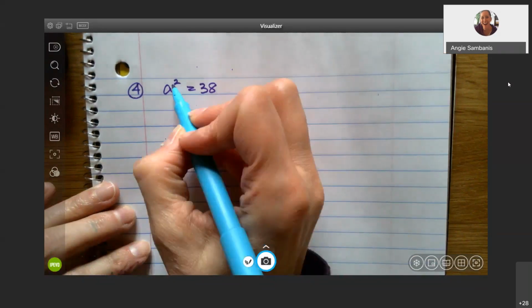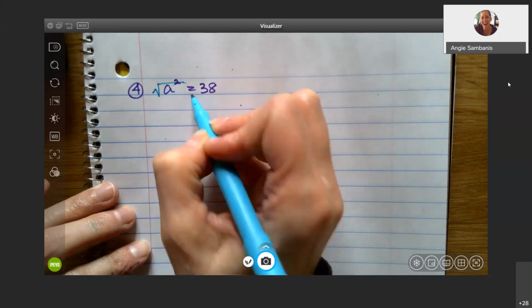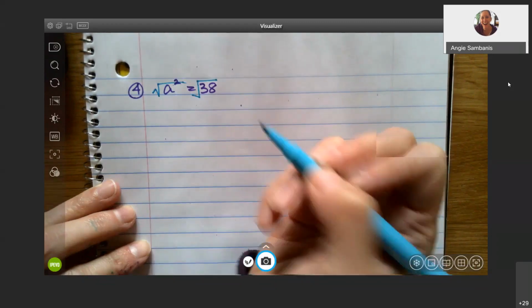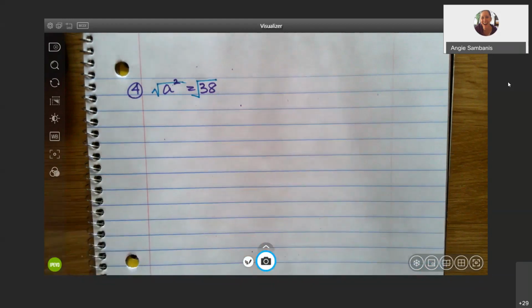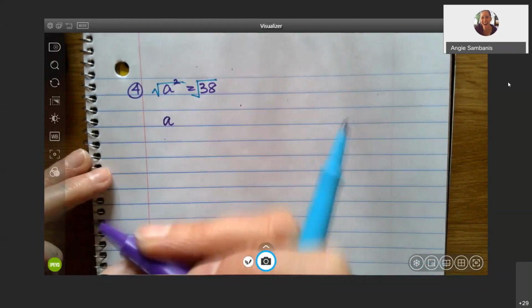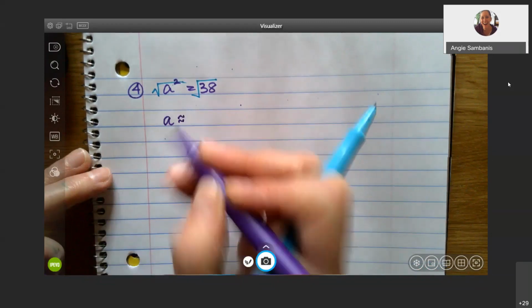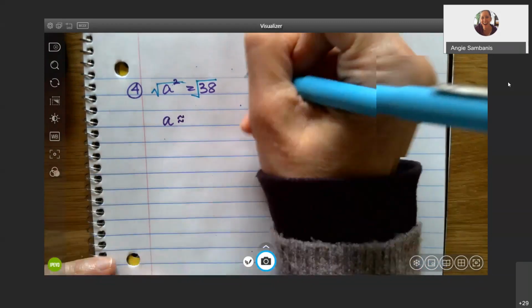The inverse of the square is to take the square root. So go ahead in your calculator, take the square root of 38 and put the answer in the chat. So I know that you can use your calculator. It's going to be an approximate because 38 is not a perfect square.